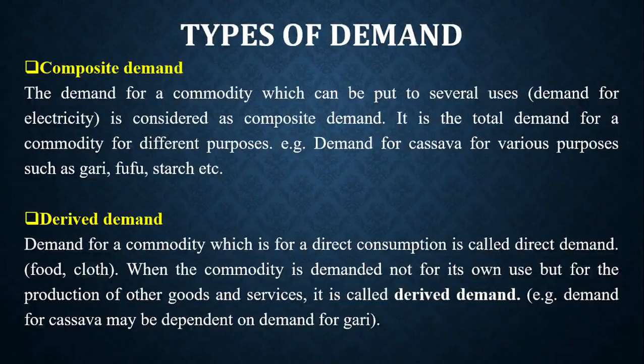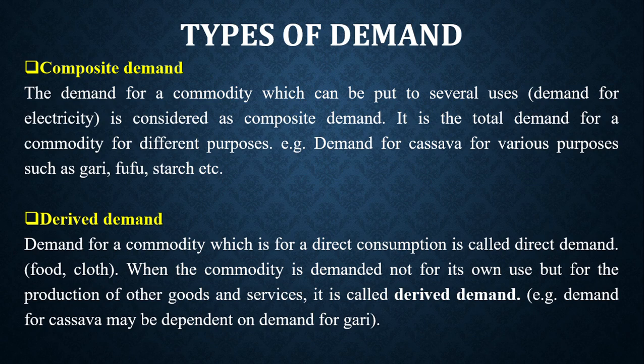Hello friends, welcome back. So the last type of demand is derived demand. Demand for a commodity which is for direct consumption is called direct demand. If you are just demanding it to consume it there and then, it's direct demand.